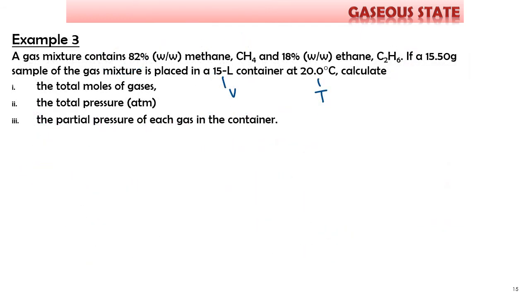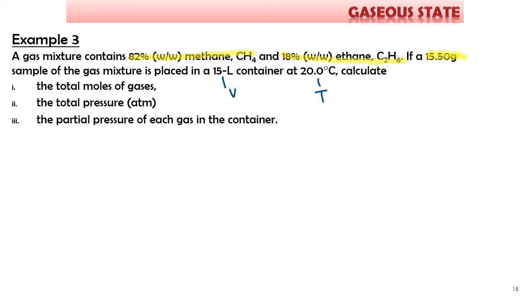Next is example 3. You have gas mixture and you are given with percentage by mass for each gases. You have CH4, methane, and ethane, C2H6. And the mass given, okay, so this is to find mass of each gases. And from there, you can find mole of each gases.